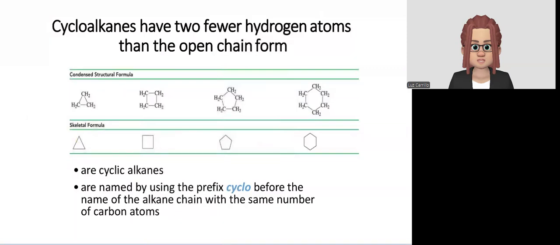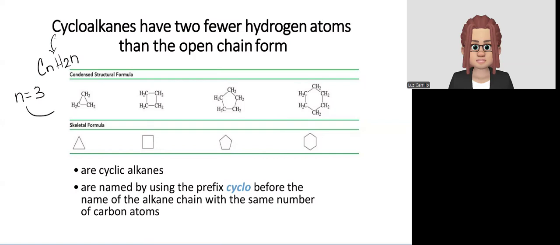Alkane structures can also be cyclic. Those are known as cycloalkanes. Cycloalkanes have 2 fewer hydrogen atoms than the open chain form that we have explored so far. That means that cycloalkanes have the general chemical formula CnH2n. The smallest cyclic alkane has 3 carbon atoms, meaning that n equals 3.